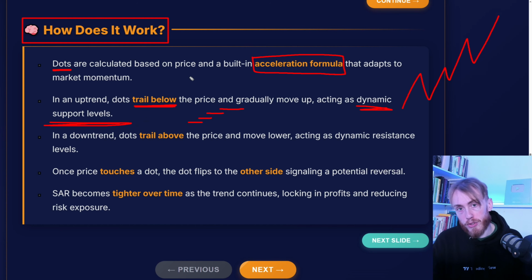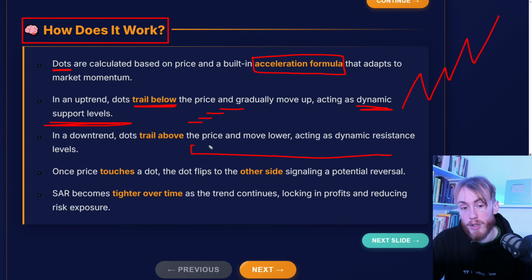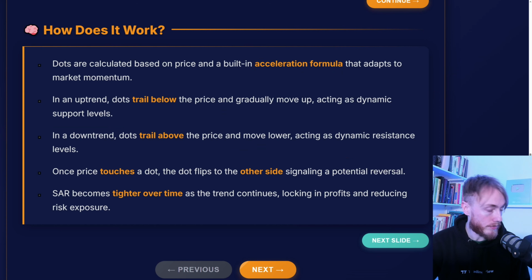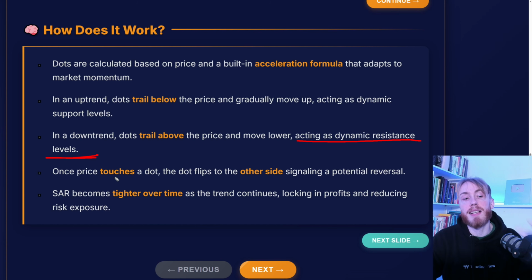The normal support and resistance levels are often straight lines on the chart, or zones, while dynamic support is a support level that basically follows the price. So it can act in an uptrend as dynamic support, and in a downtrend, it can act as a dynamic resistance level.